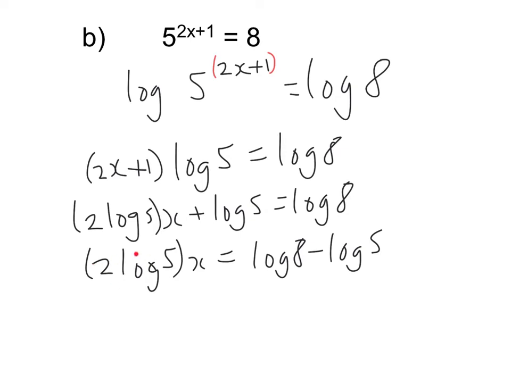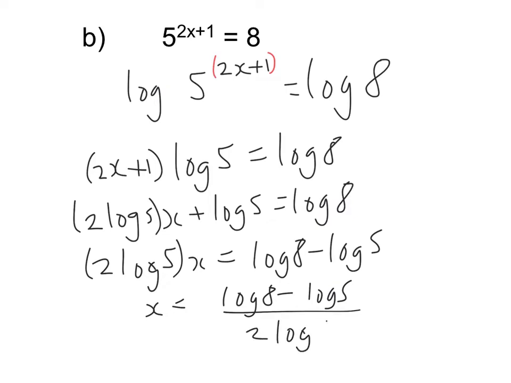And this 2 log 5 is the number of x's you have, so you can divide by that number. So we'd have x equals log 8 minus log 5 divided by 2 log 5.